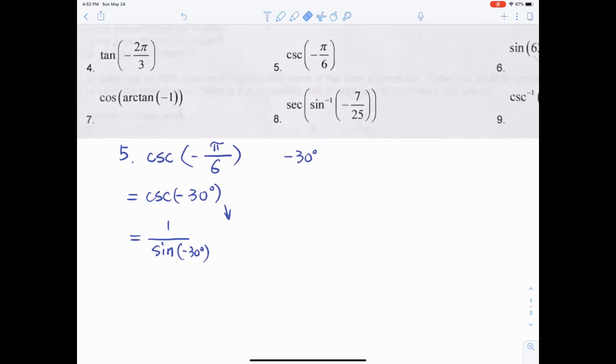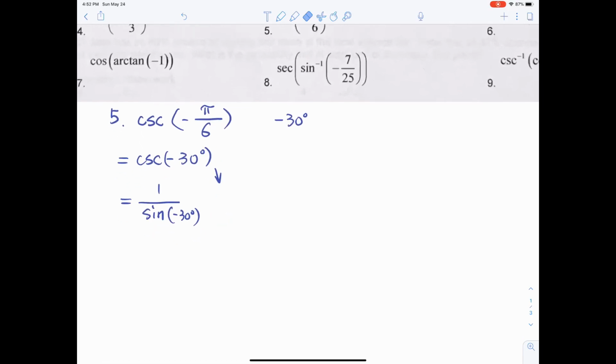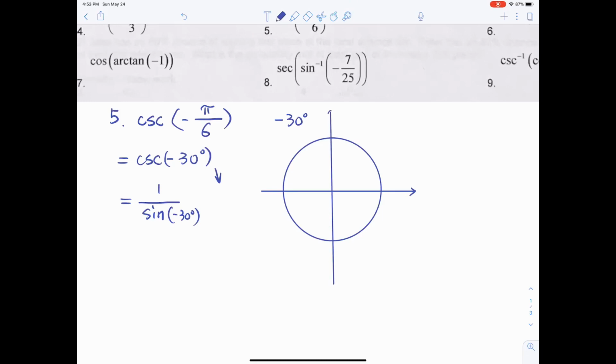Now let's take a look at sine of negative 30 degrees. So I will draw a unit circle. Roughly, this is a unit circle. Negative 30 degrees is here.